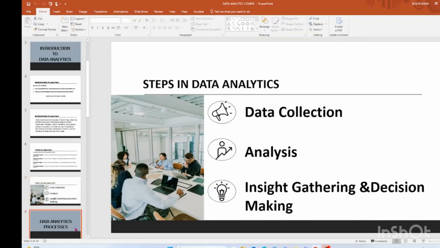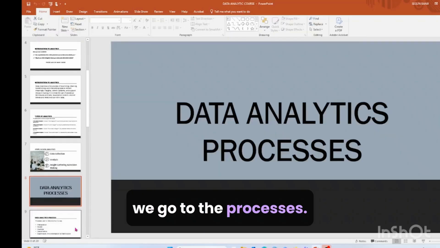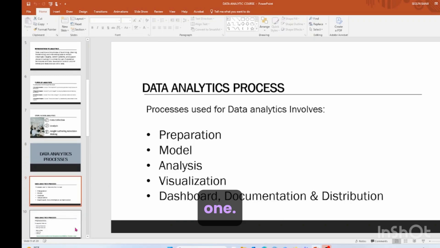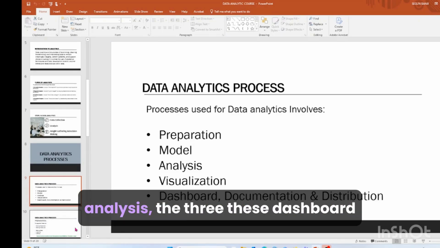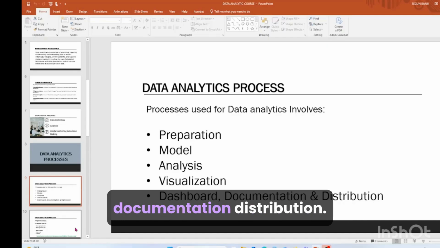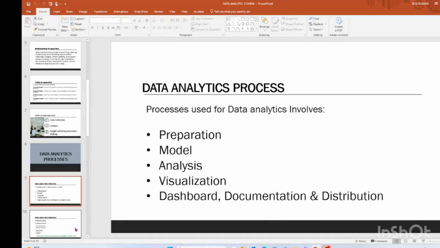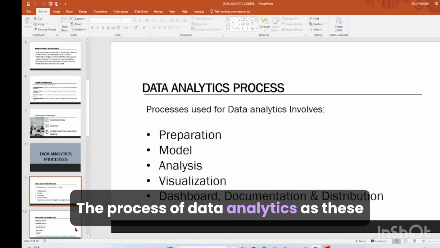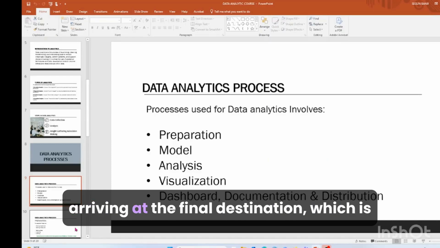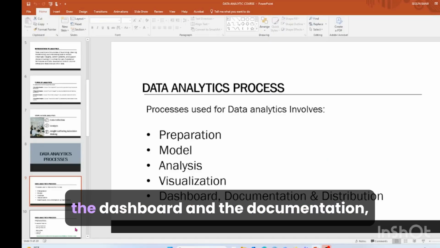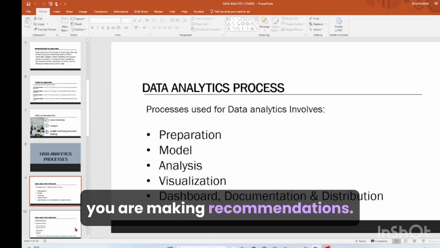So we go to the processes. Now the processes, let's start with the first one. We have the preparation, modeling, analysis, the 3Ds: dashboard, documentation, distribution. The process of data analytics has these key steps that must be taken before arriving at the final destination, which is the dashboard and the documentation, where you are making insights, where you are making recommendations.